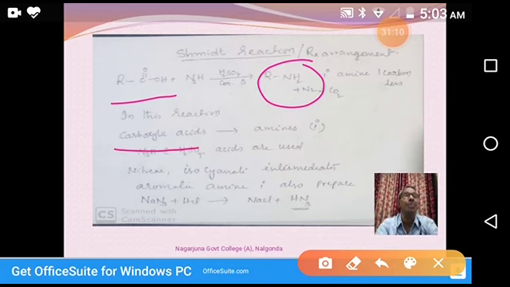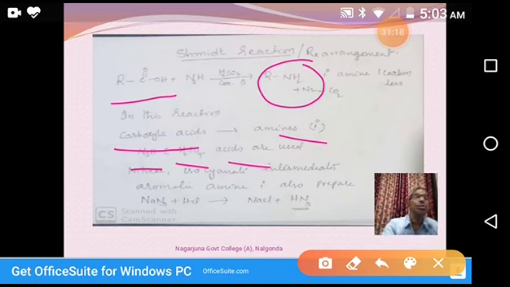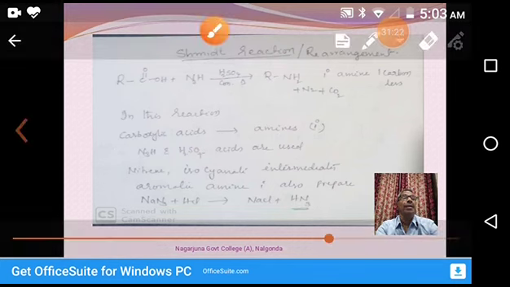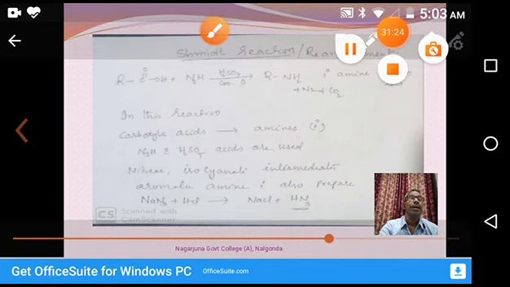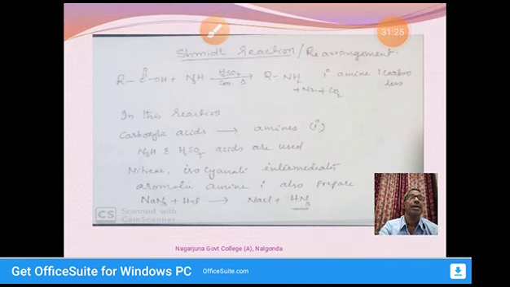We are using hydrazoic acid and sulfuric acid. Nitrene and isocyanate are the intermediates formed. Aromatic amines we can also prepare with this method, as in the Hofmann method.